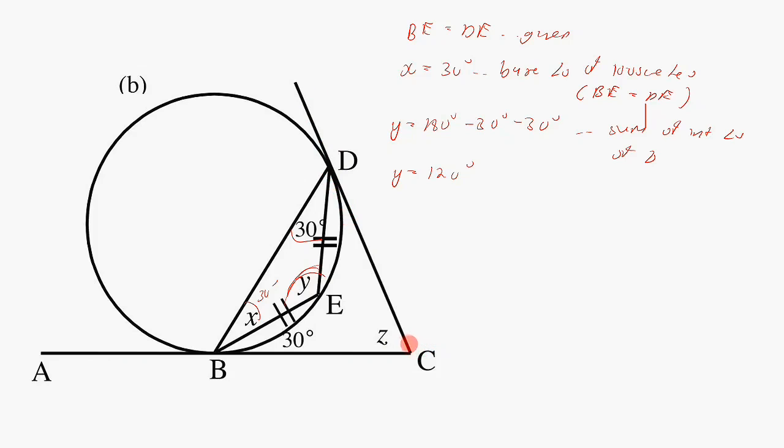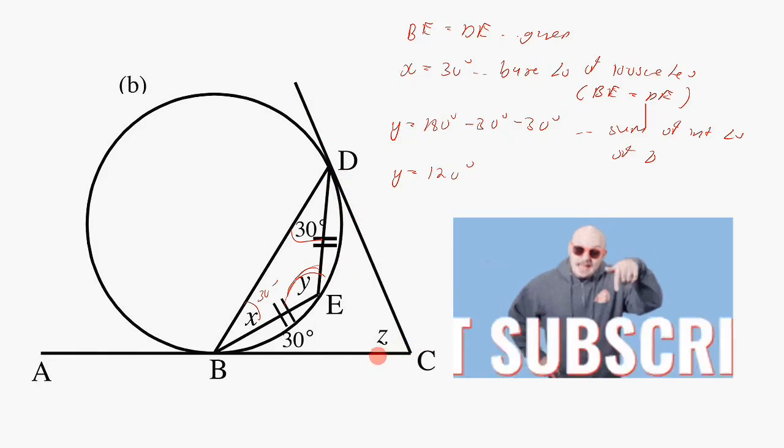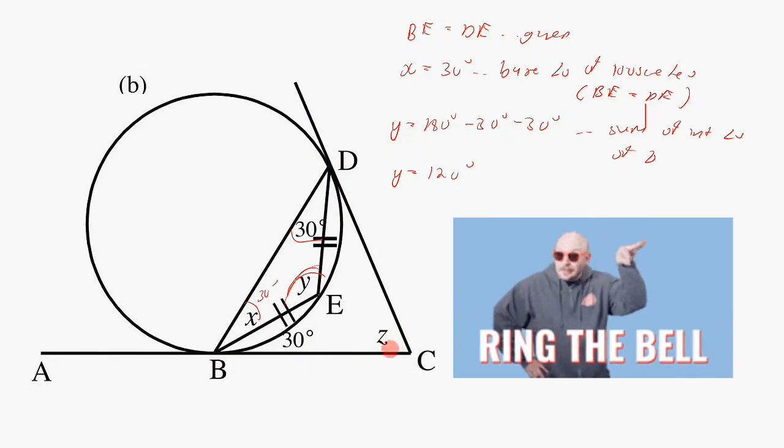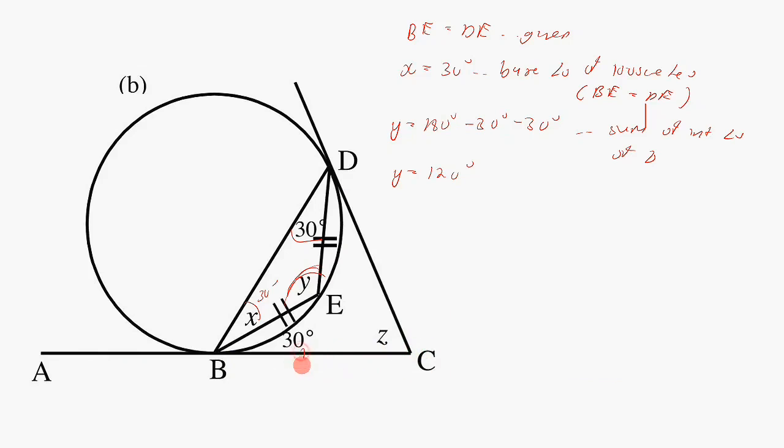So we can see that the tangents DC and BC are drawn from the same point C. So that means BC is equal to DC. Why? Because tangents from same point.